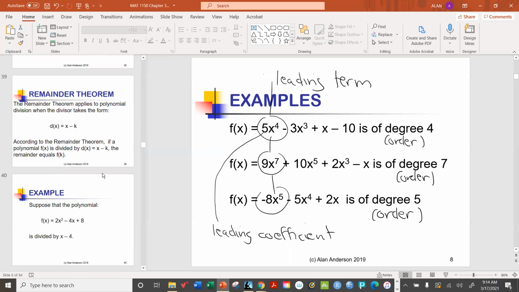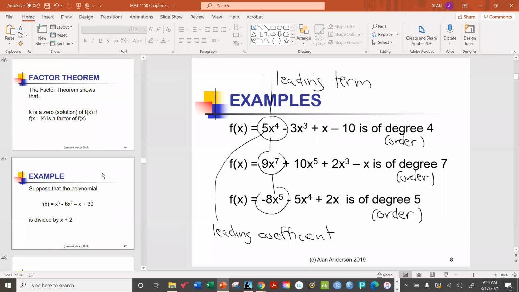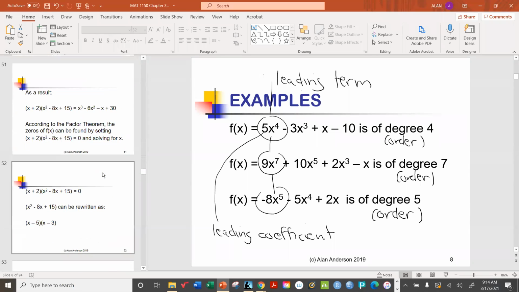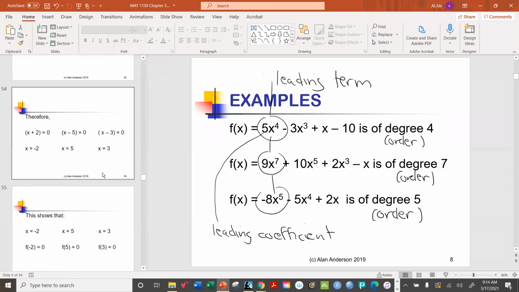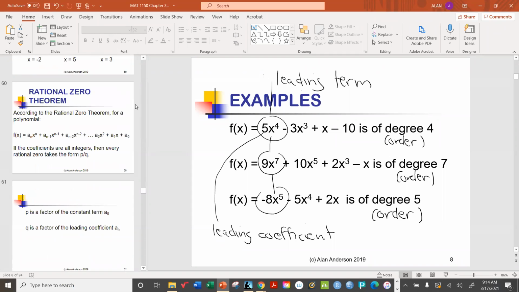We looked at the remainder theorem, so we'll skip over that for now. And I'm pretty sure we did the factor theorem. I think the only thing that we really didn't get to was the rational zero theorem, which is, I remember, a fairly complicated idea.